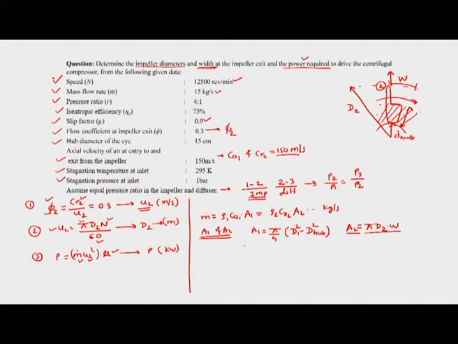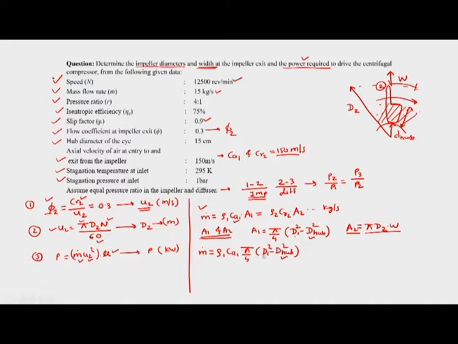So we can use these formulas. Mass flow rate is known. Here we know the axial velocity, we know d hub, but we don't know d1. So let us consider m dot is equal to rho 1 C_A1 into pi by 4 (d1 square minus d hub square).